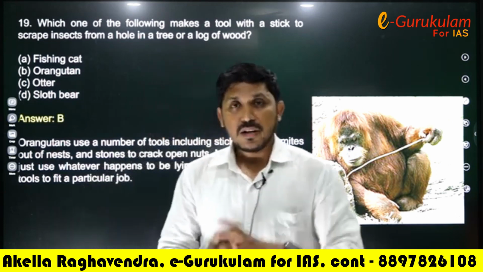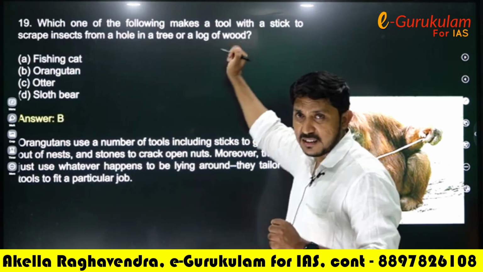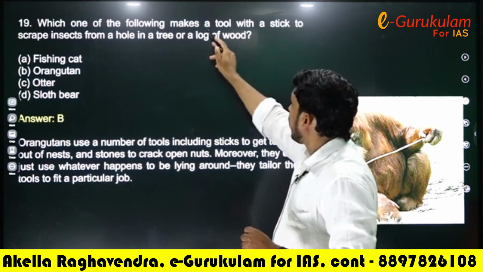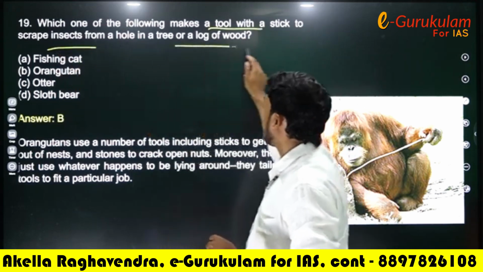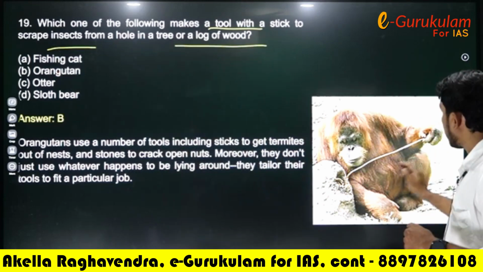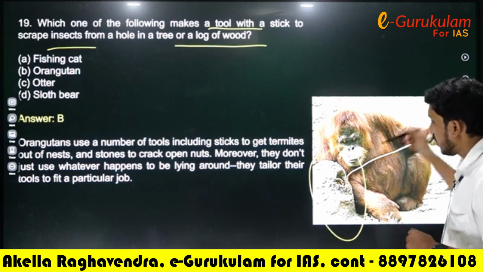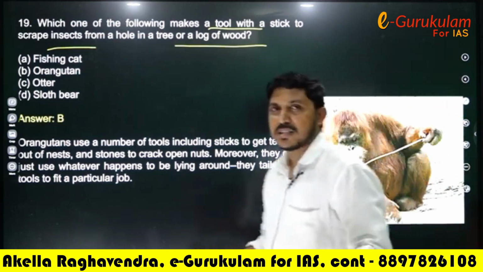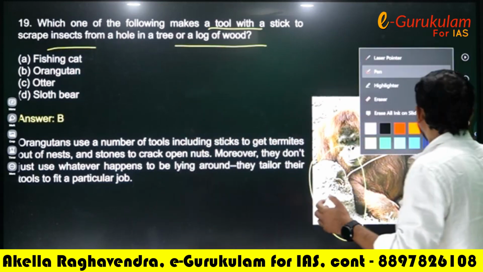But this very highly intelligent species is the answer, because the question is asking: which of the following makes a tool with a stick to scrape insects from a hole in a tree or a log of wood? See the application here. The particular stick, a tree branch, is being inserted inside the termite mound to get the ants or termites, sometimes grasshoppers, anything they can use. Fine. So a very interesting species here.